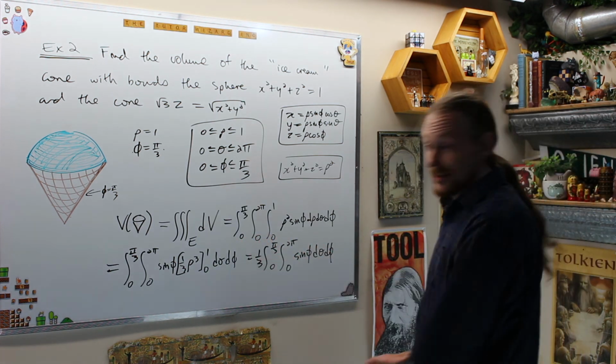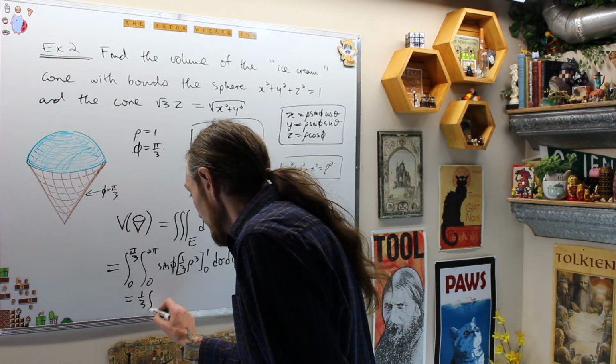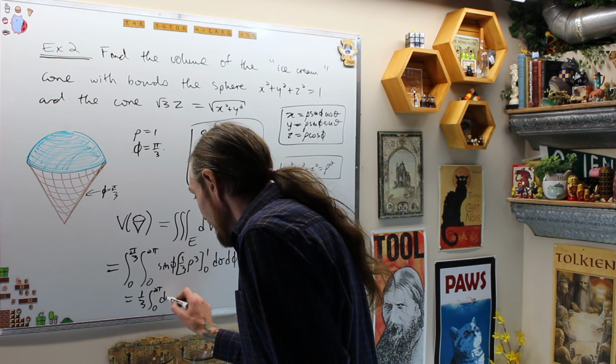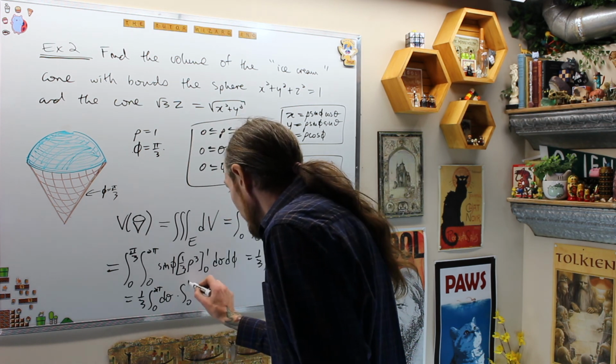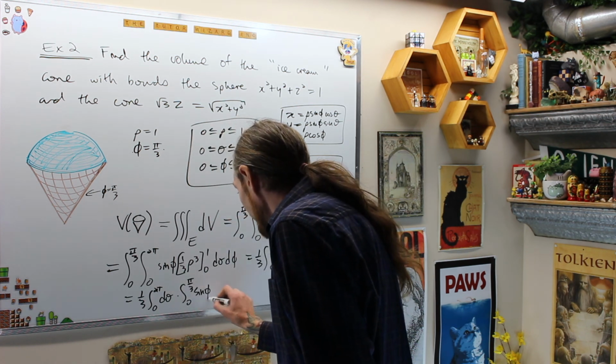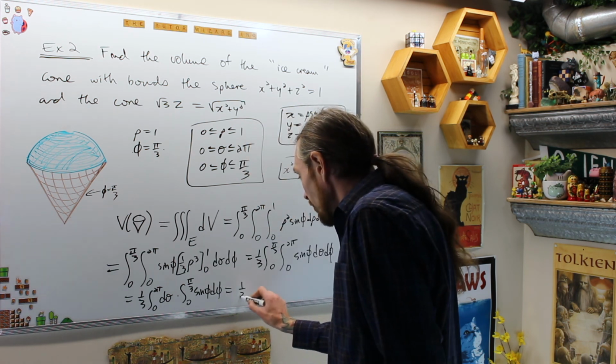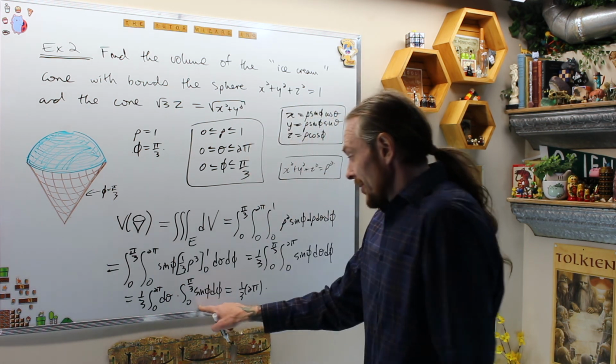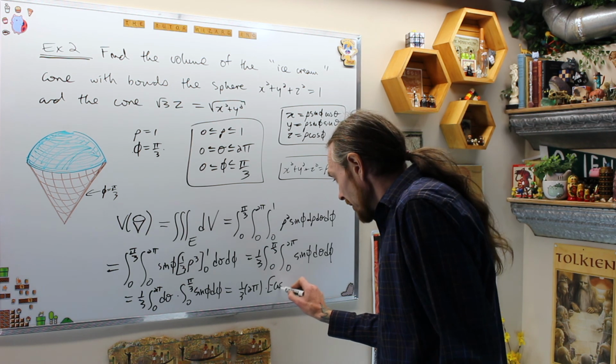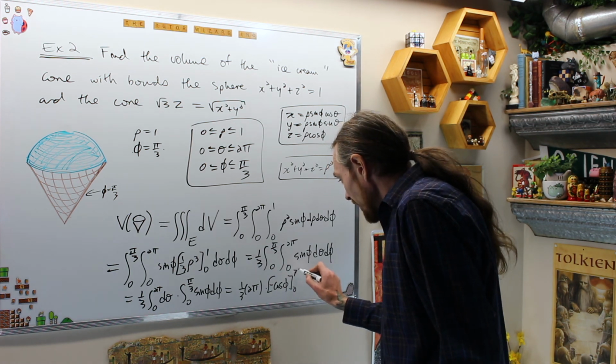These are now separated, so this is equal to 1/3 the integral from 0 to 2 pi of d theta times the integral from 0 to pi over 3 of sine phi d phi, which is equal to 1/3 times 2 pi times negative cos phi evaluated from 0 to pi over 3.